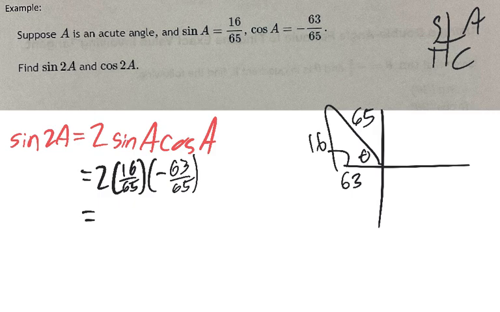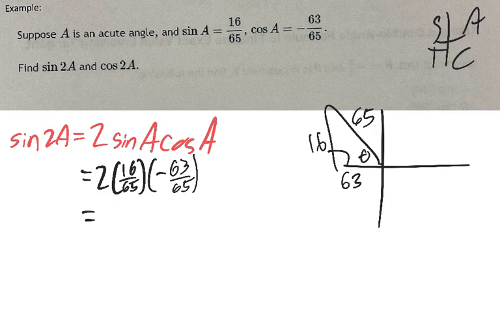Is 37,225 the denominator? That's not the denominator? It's 4,225. Oh man, I'm way off. It was 3,600. 3,600 plus 1,200 would be 4,800. Well, see, I'm glad I didn't do it.